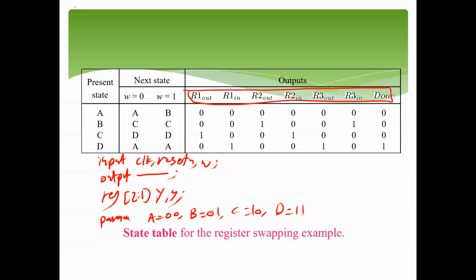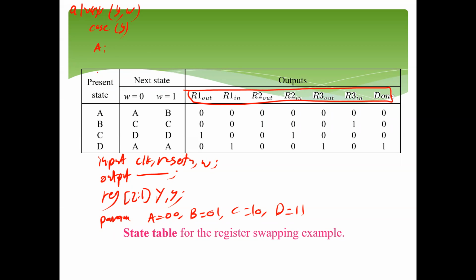Now write your combinational always block: always at either the current state changes or the value of W. Inside, case current state, which is y.